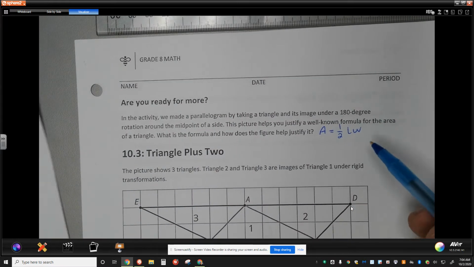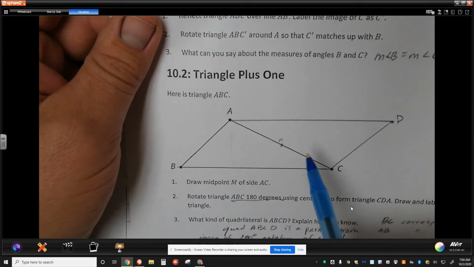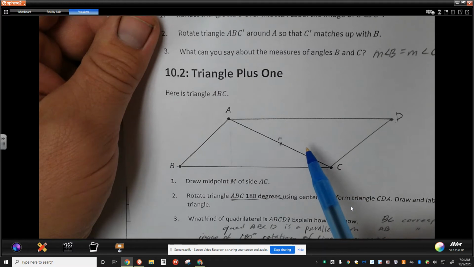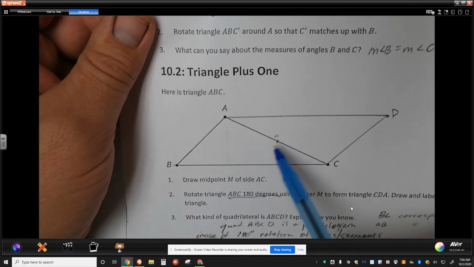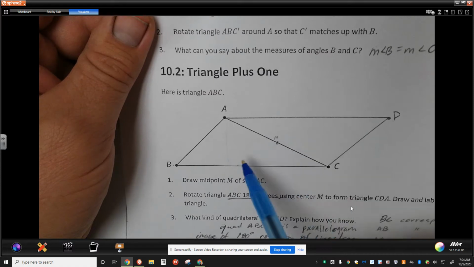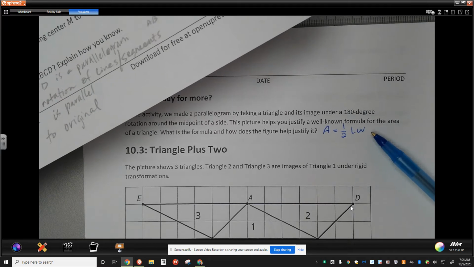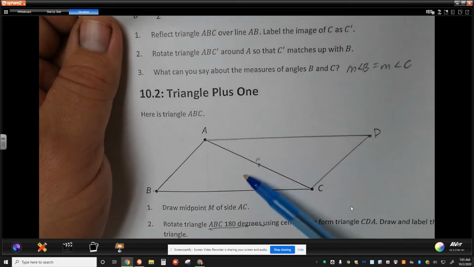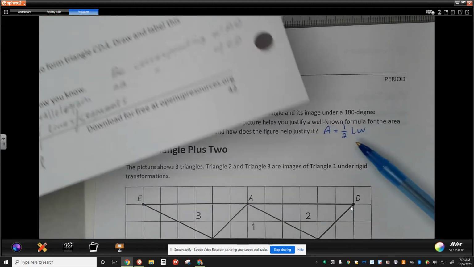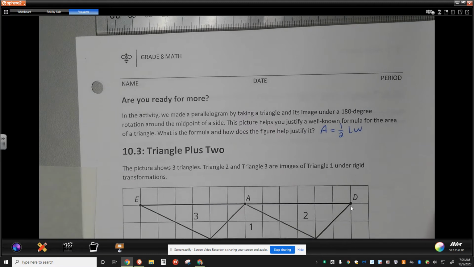And in this case, if I were to find the area of this parallelogram and just go length times width or base times height, I can cut that in two and find the measurement of the area of the two figures. Therefore, our formula for the area of a triangle is justified because that triangle is 1/2 the area of the quadrilateral. So, interesting fact for you.